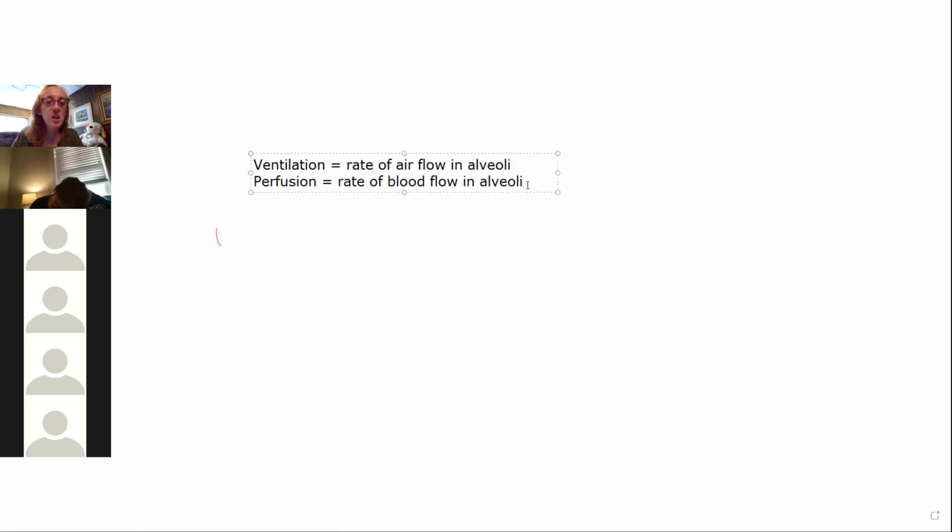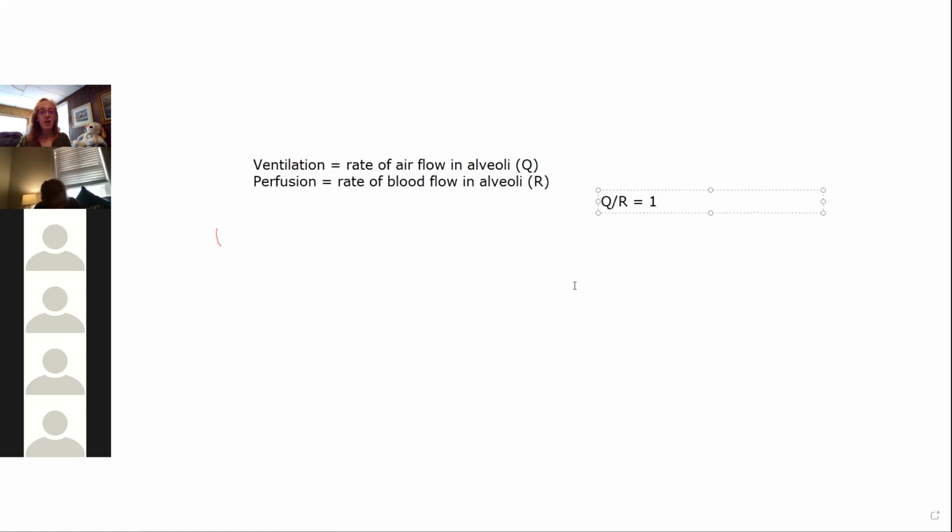These rates need to be the same. I'm trying to remember, I think ventilation is called Q many times, and perfusion is called R. Thus the ratio of Q to R, we want it to be 1.